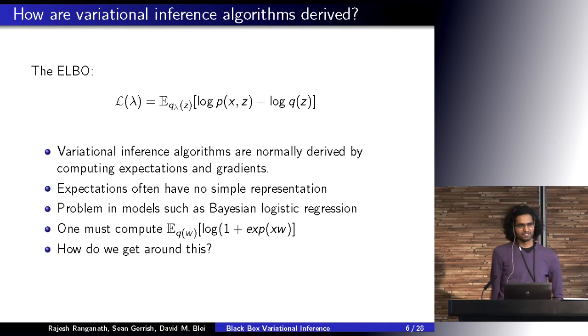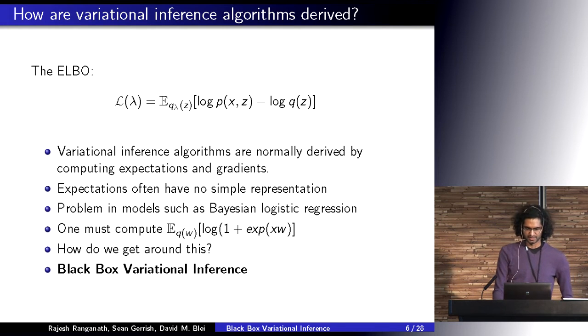But even then, when you have the expectation, you can't always compute it in closed form. A simple example of this is in Bayesian logistic regression, where I have a normal approximating family. Then that term right there appears, and it doesn't have a nice mathematical form.